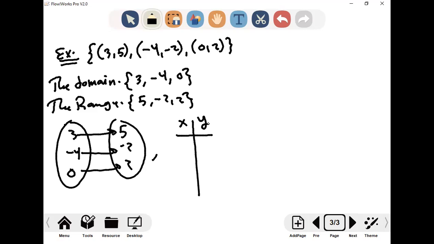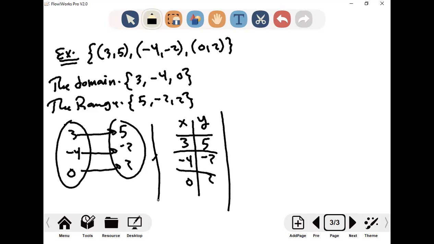Here x is 3, -4, 0, and here y is 5, -2, 2. The third way, which is what we care about, is how to graph the relation. This is the important thing.